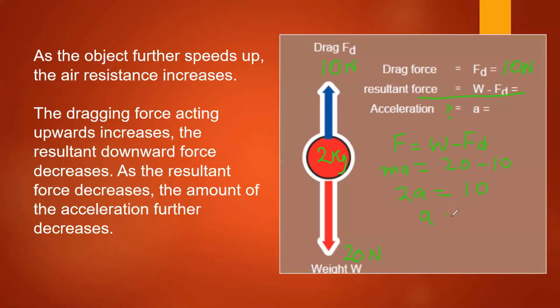Now I can calculate the value of a: 10 divided by 2, that is 5 meters per second squared. So what can we conclude in this case? As the drag force increases, the value of the acceleration decreases.